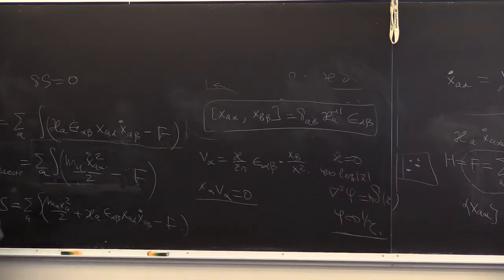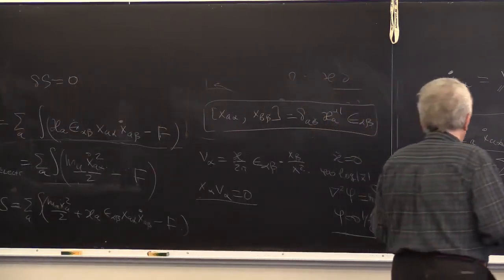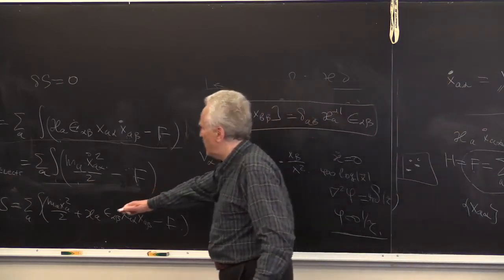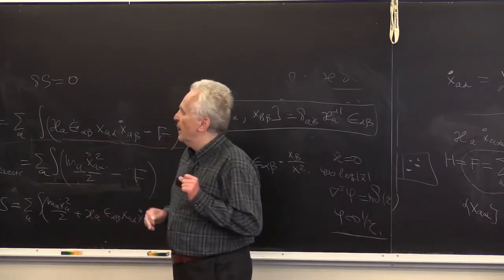If kappa is very large or M is small, you can drop this term. And so you get the motion of vortices from this Hamiltonian by taking the large term here.